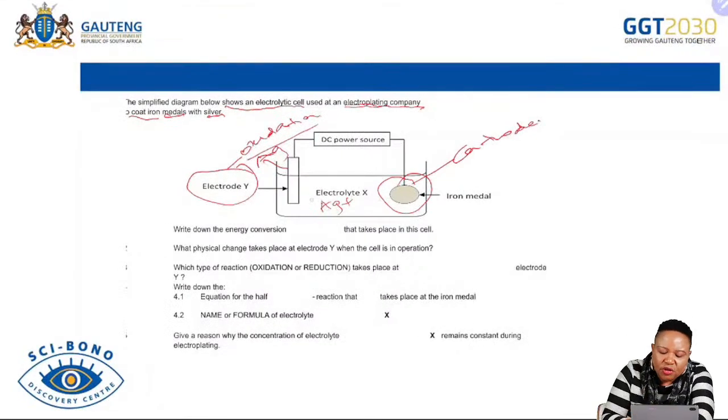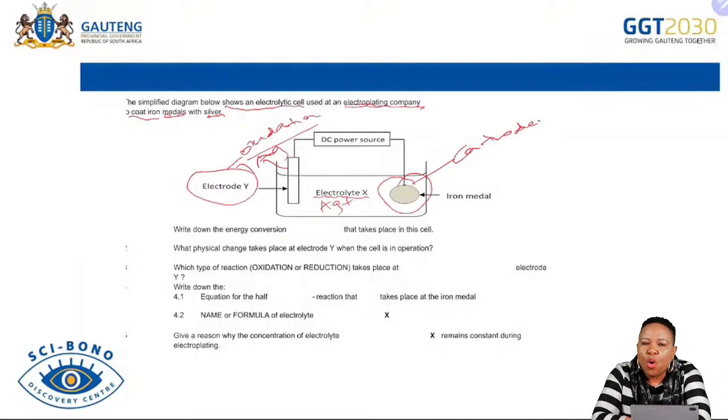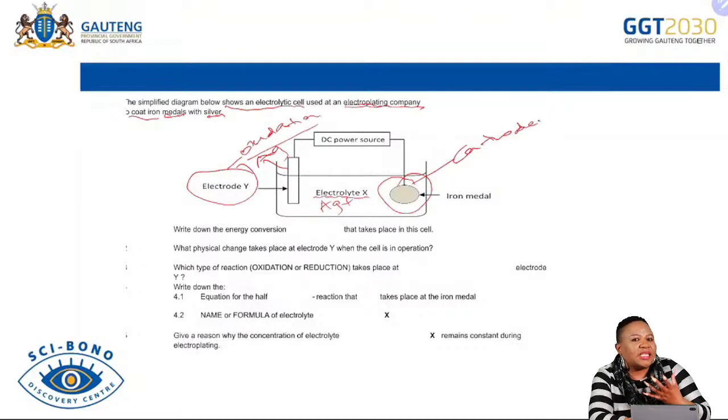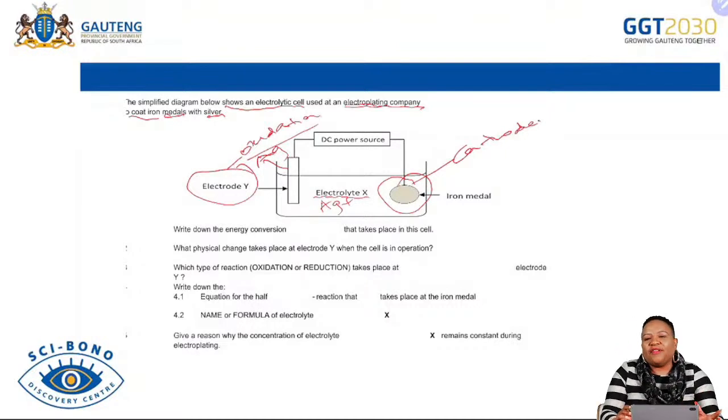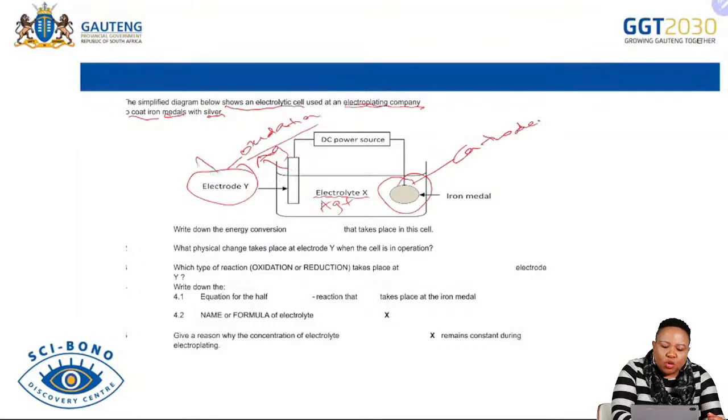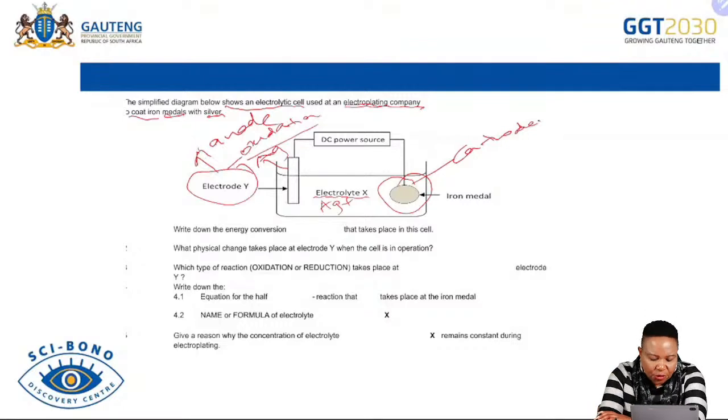So our electrolyte, even though it's not said to be silver, we need to know that our electrolyte must have silver ions, because we want to reduce those silver ions to silver so that it can coat our iron metal. So the anion is not important because it will not undergo any reaction. It's the object that will be coated. So after understanding the process that is going to happen, you can immediately see that this is going to be your anode, and definitely this is going to be your cathode.